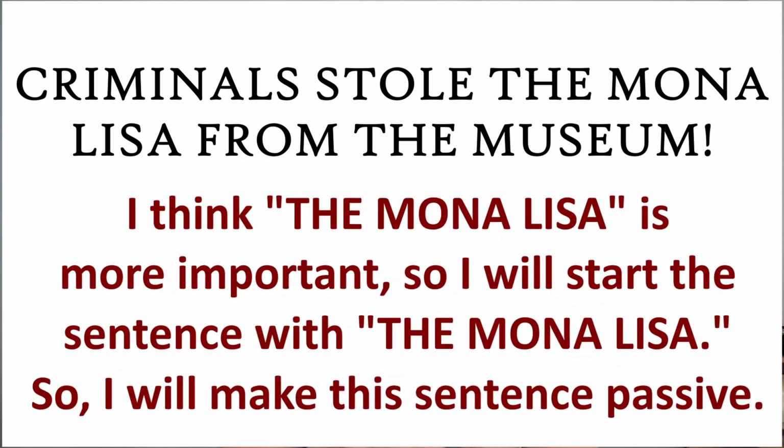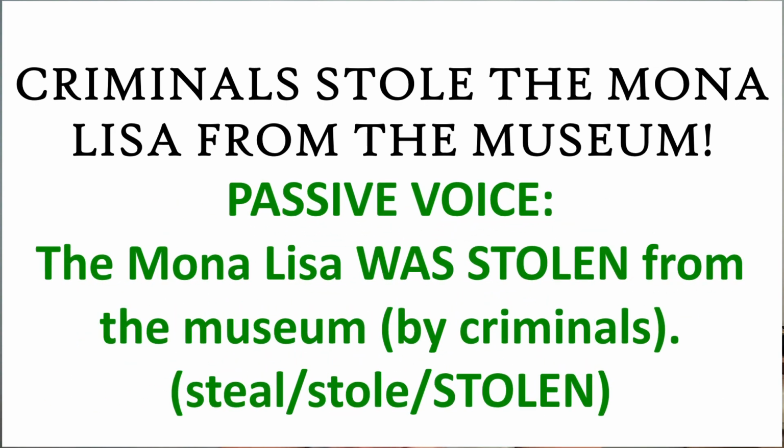Let's look at another sentence. Criminals stole the Mona Lisa from the museum. So what is more important, criminals or the Mona Lisa? Probably the Mona Lisa. So that is our object. So I start with the object, the Mona Lisa. Stole is simple past.